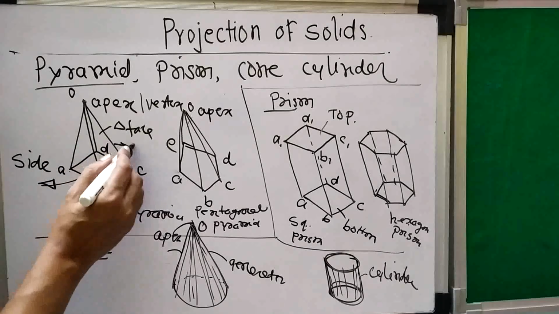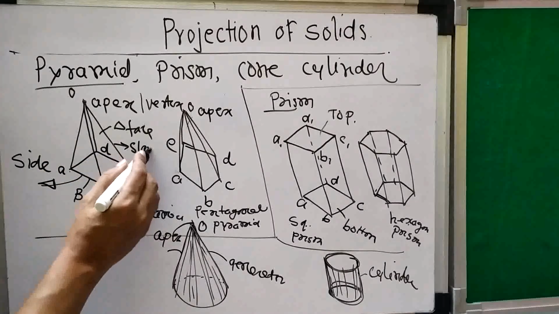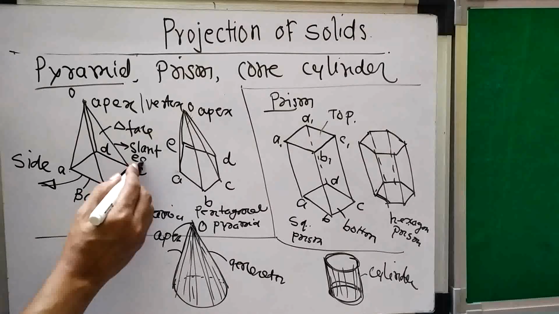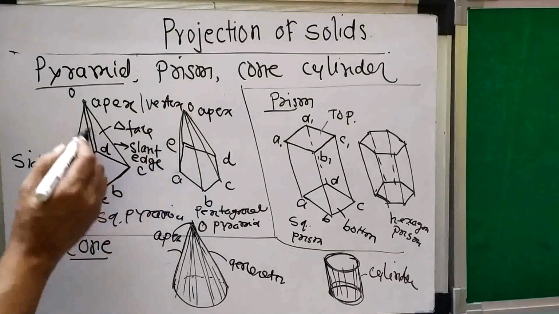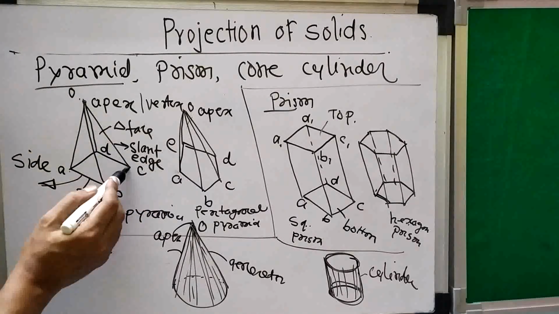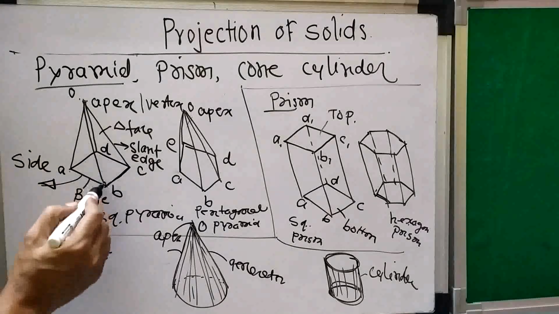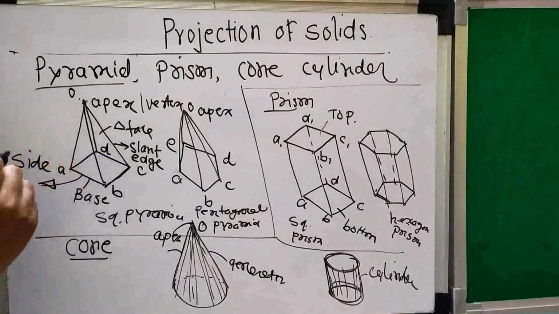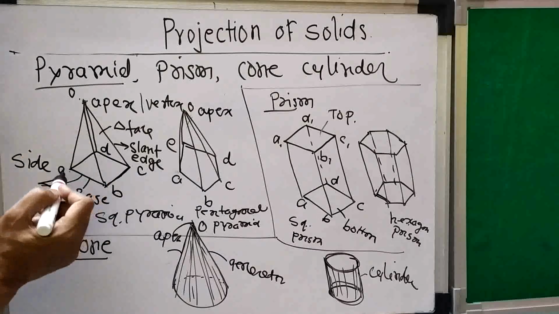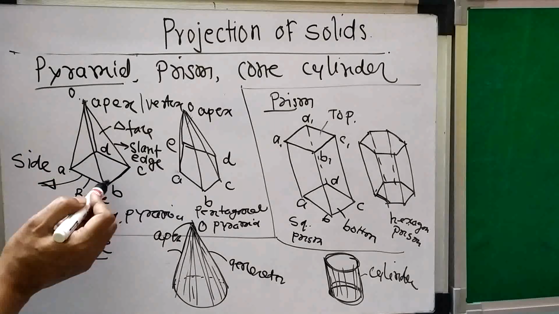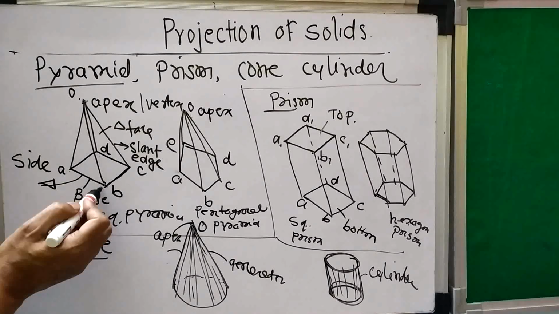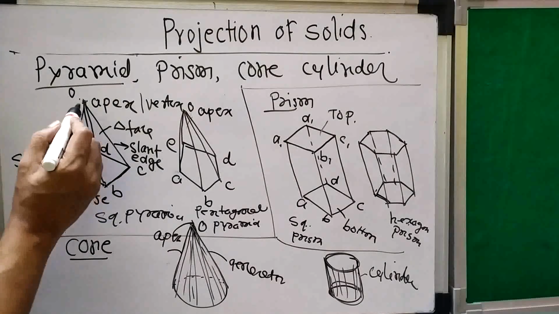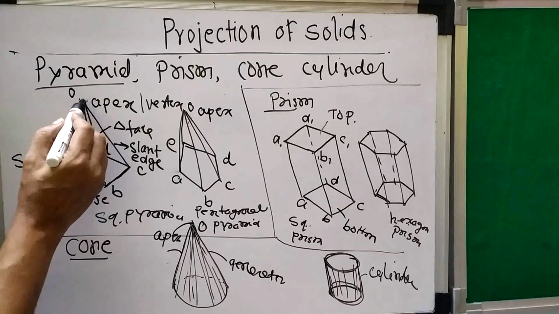This is called a slant edge. So if you measure it, OC is a slant edge, OB is a slant edge, OA is a slant edge, OD is a slant edge. So there are the 4 slant edges, then base, then side, and sometimes the axis also is given.